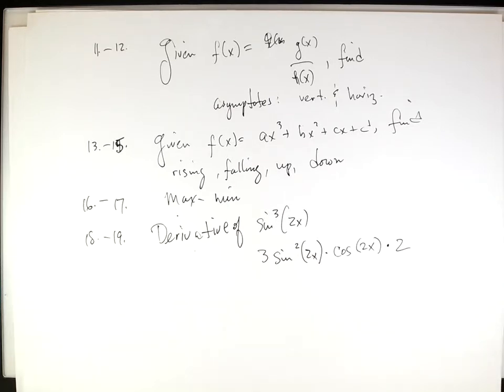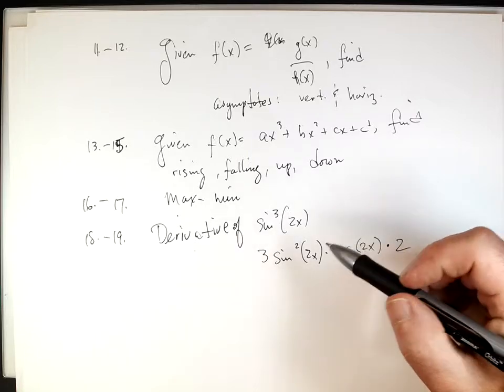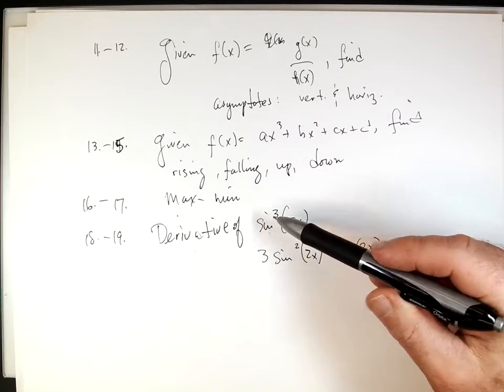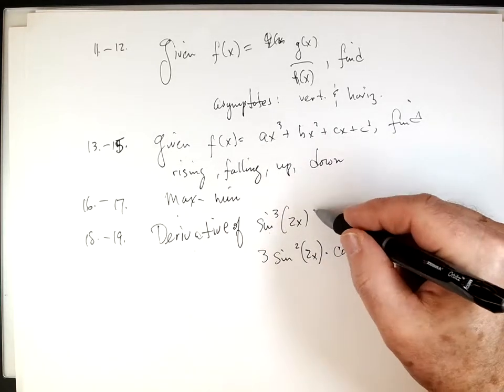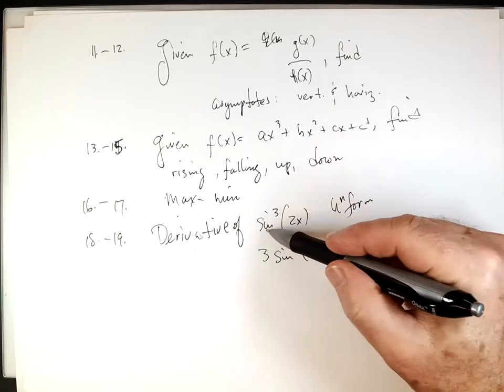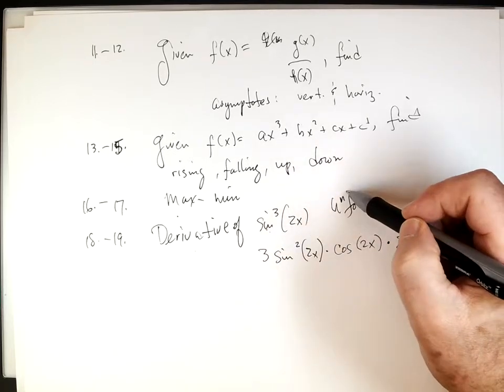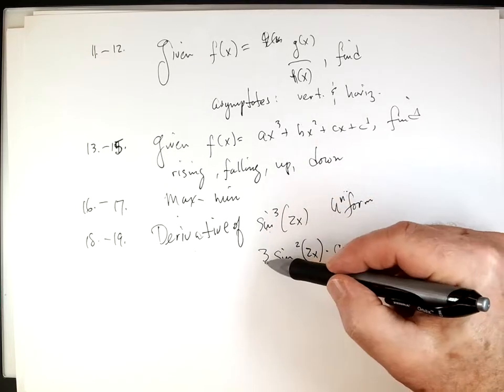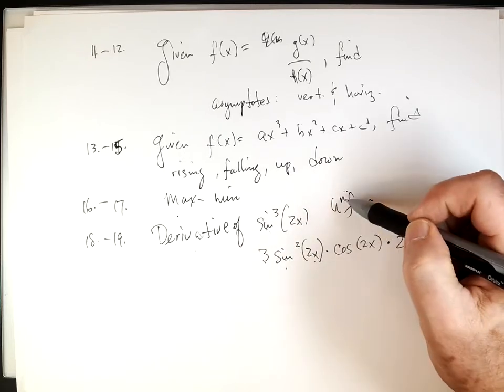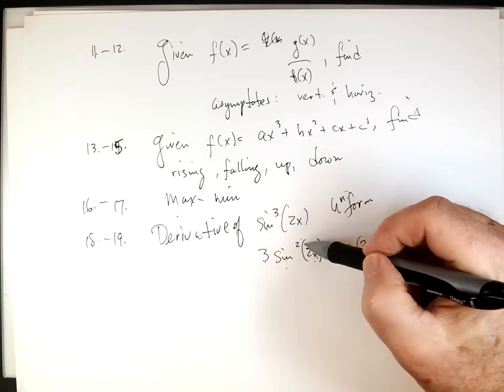Wait, I'm a little confused about it. Okay. First of all, this is a u to the n form, where u is sine 2x and the n is the 3. So the derivative is 3 times u, sine 2x, squared now, because you have to reduce the exponent by 1.